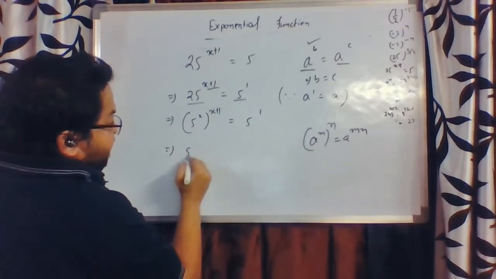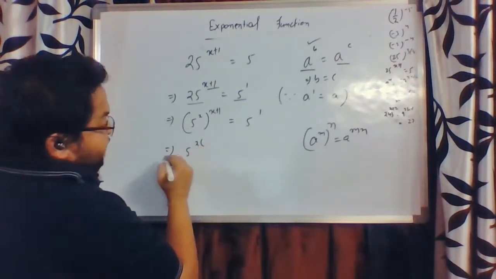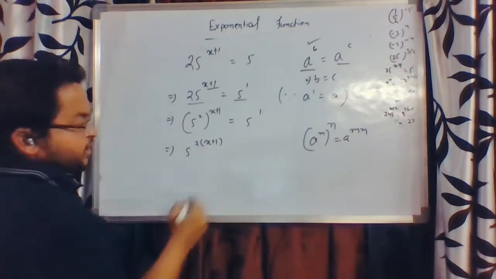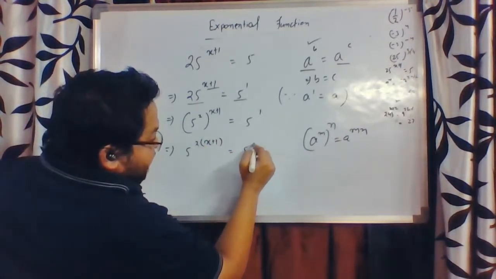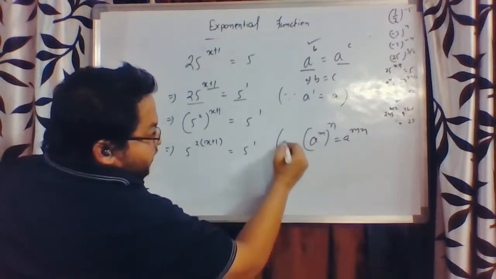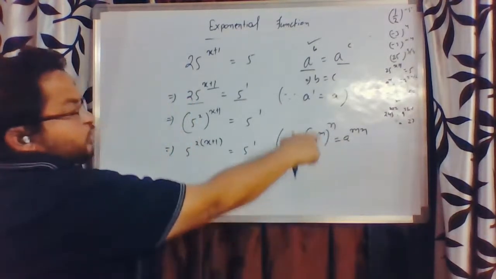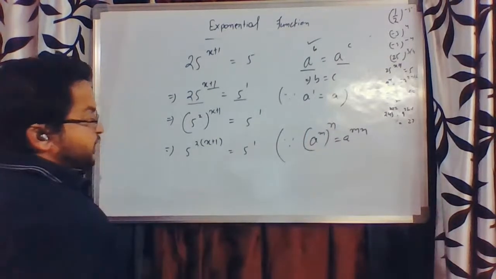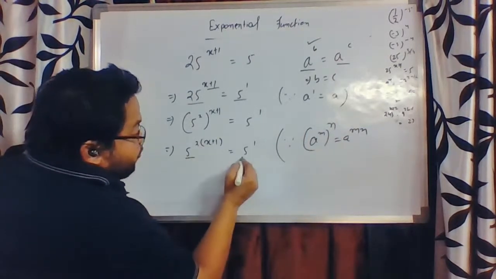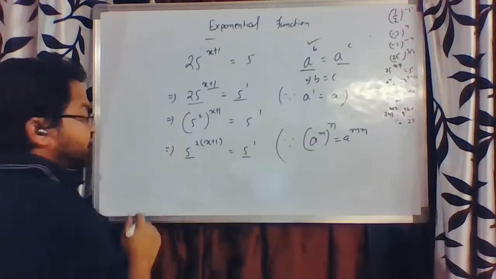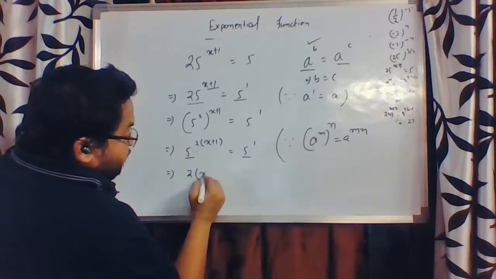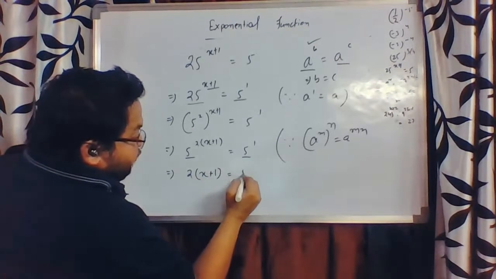That is nothing but 5 to the power 2 into x plus 1, right? That is equal to 5 to the power 1. And write down the reason that a to the power m whole to the power n is nothing but a to the power mn. Now my bases on both sides are equal, and that's why I can write 2 into x plus 1 equals 1.